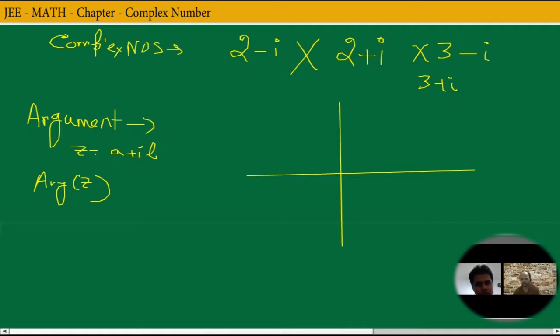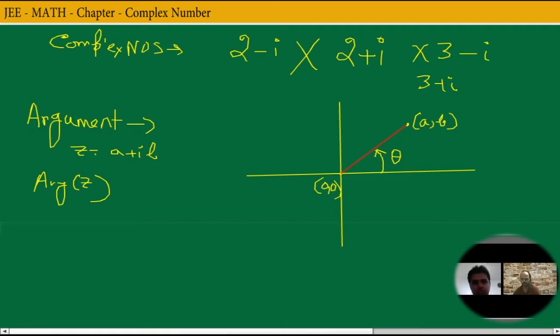I'll discuss that. But what is important: if we draw the complex number z equals a plus ib, it is somewhere around here. If we connect it with the origin, you can see that this angle is theta, right?